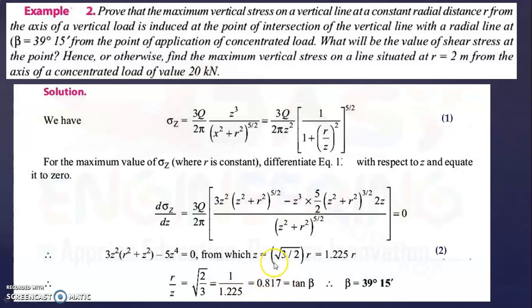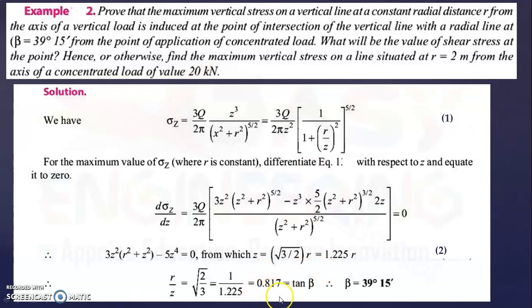That's why while I was explaining the theory of vertical stress distribution on the vertical plane, I have considered z is equal to 1.225 r and also that ratio is 0.817, and I told that maximum sigma z will occur at the intersection point of radial line and the vertical plane.